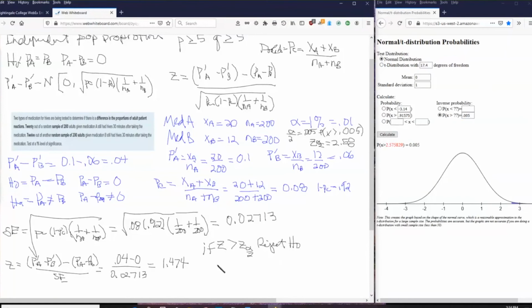So my Z is 1.474, which is less than the Z score of my critical value. So that's going to tell me do not reject the null hypothesis.